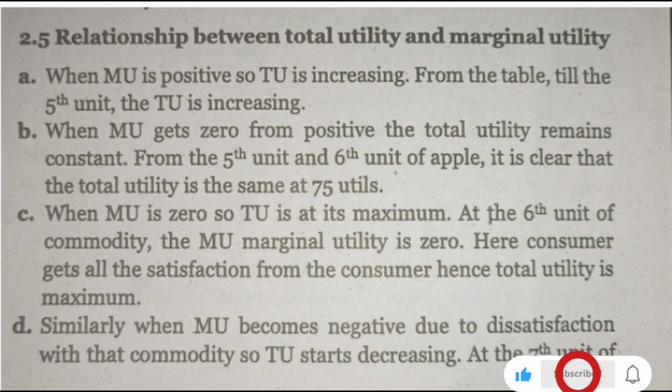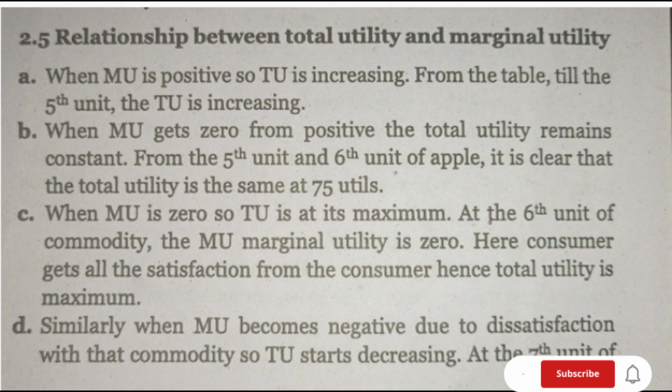When marginal utility starts to decrease, total utility increases and reaches maximum at the point of the fifth unit, that is 75. At the use of the 6th unit of apple, it remains constant or the same. It means at the fifth and sixth unit it is 75 units, and at the sixth unit of apple the marginal utility becomes 0.